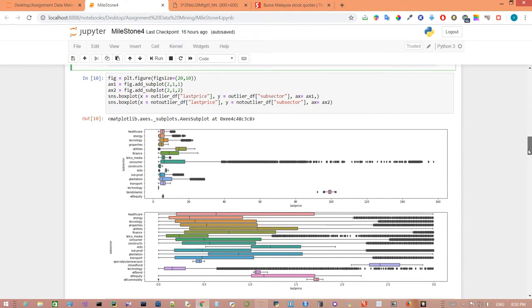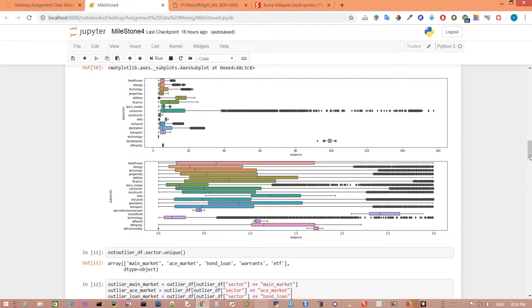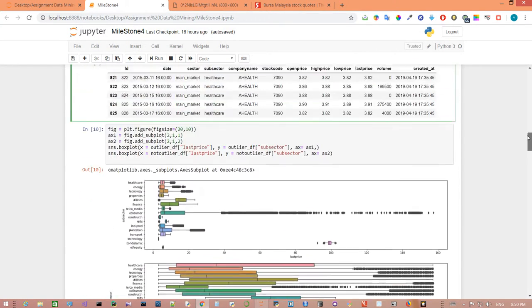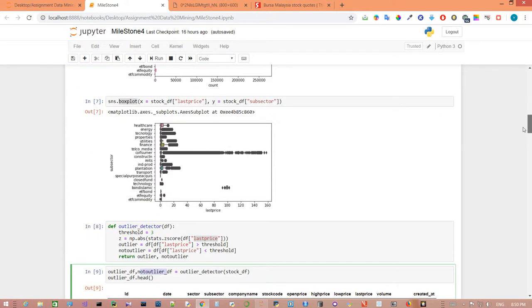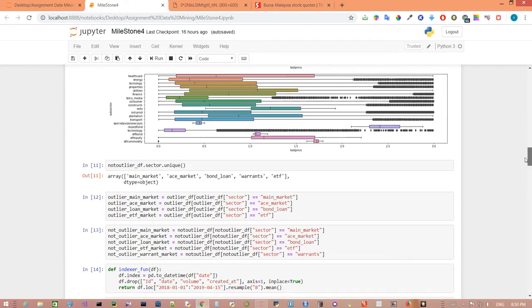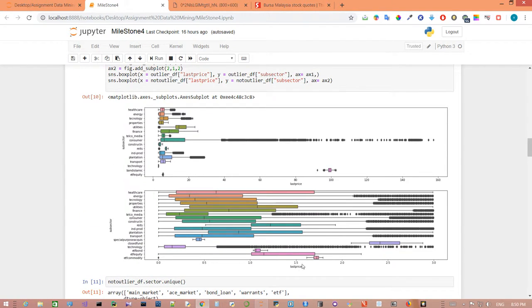And if we just compare this plot with this one, yeah, it does make sense here. So, and here this is the not outlier companies, not outlier data, and these are outlier data.